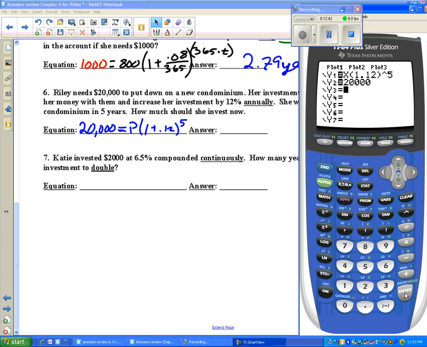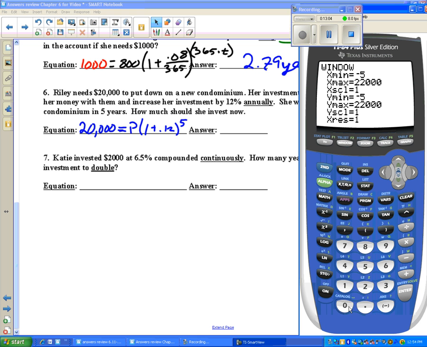Now here's the thing. X is not an exponent. It's just the principal. That means my X and my Y have to be large numbers. So $20,000 is the amount of money I want to have. So I'm going to go to 22,000 for my X and my Y.